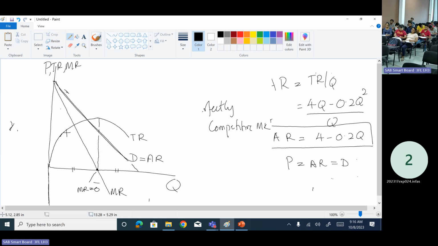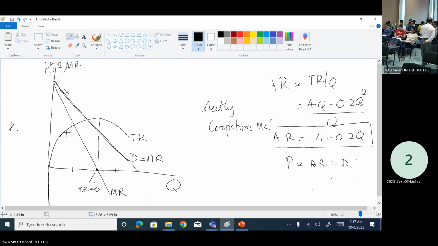What can you say regarding the downward sloping demand curve? Any idea? If you draw a linear, downward sloping demand curve, what can you say regarding the price elasticity?